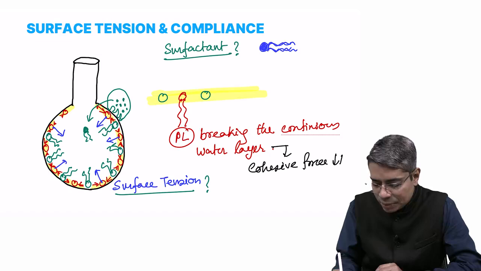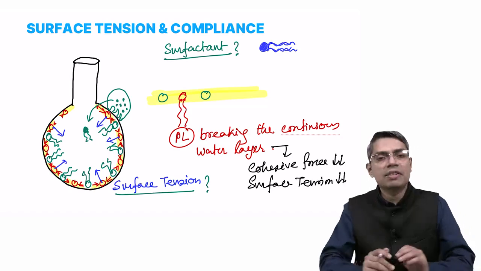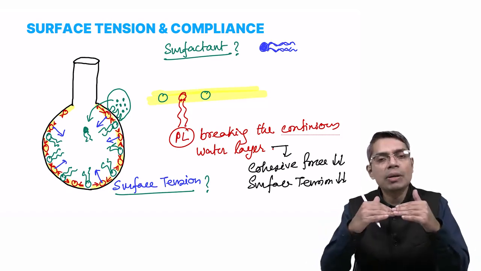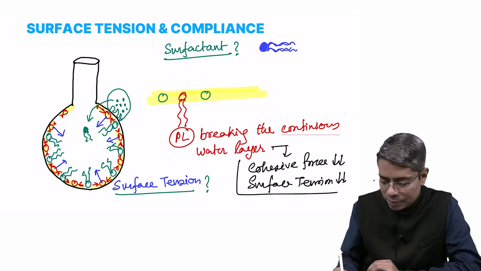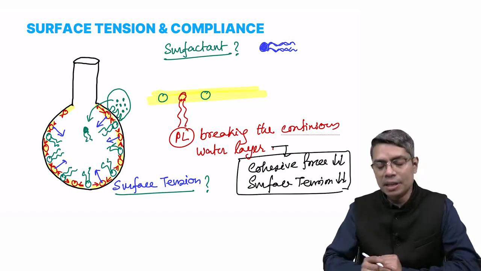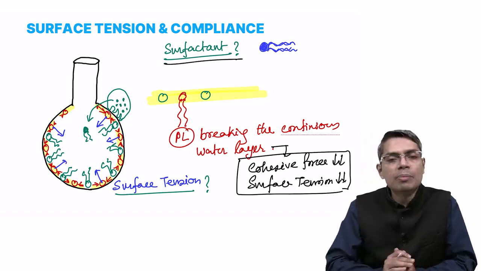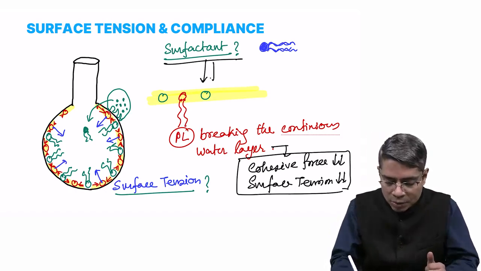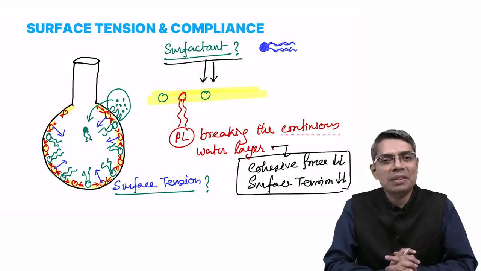If the cohesive force is reduced, that is going to reduce the surface tension, because I already told you that surface tension is created at the air-water interface because of the unequal cohesive interaction of water molecules. So whenever you break these cohesive forces, you are reducing the surface tension. That's why we say that the surfactant molecule reduces the surface tension by breaking the continuous water layer inside the alveoli. Got it? So that is the mechanism of the surfactant molecule.